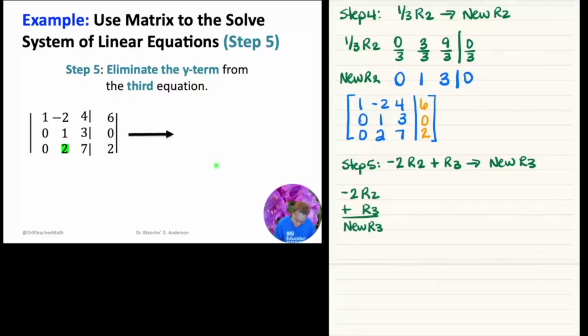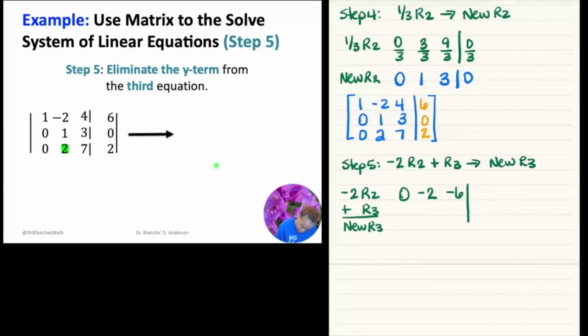Okay? So -2 times row 2. So we're looking here. -2 times that, -2 times 0 is going to be 0. -2 times 1 is going to be -2. And then -2 times 3 is going to be -6. And then we have our constants, right?